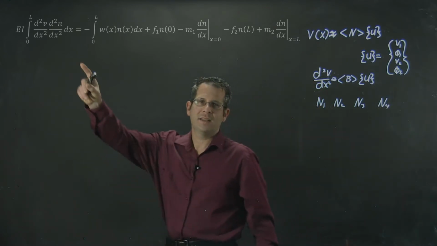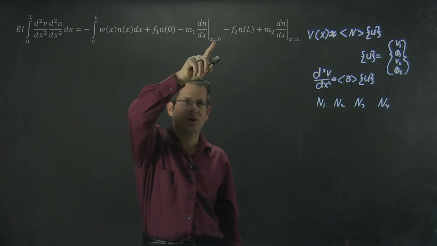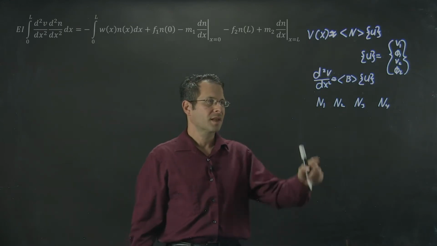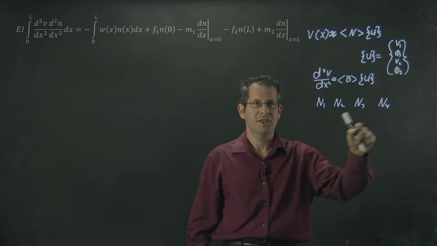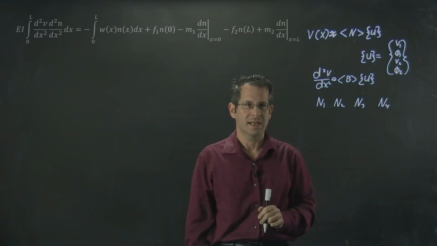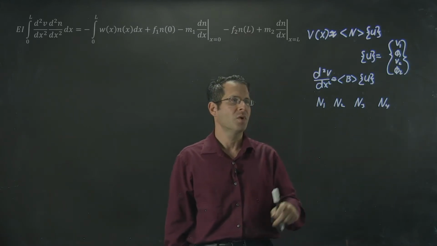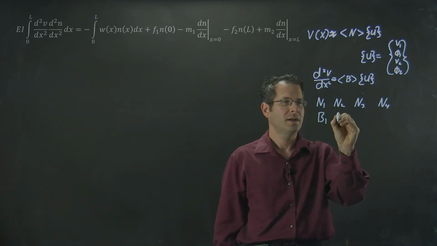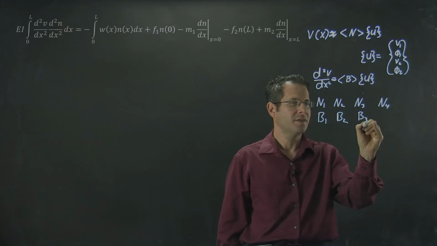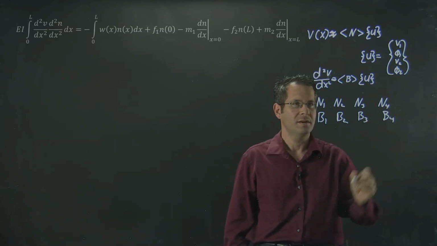If I need the first or second derivative of these shape functions, I know these are just cubic functions, and I know how to take the first and the second derivative of those. Remember, we called the second derivatives of these functions b1, b2, b3, and b4.